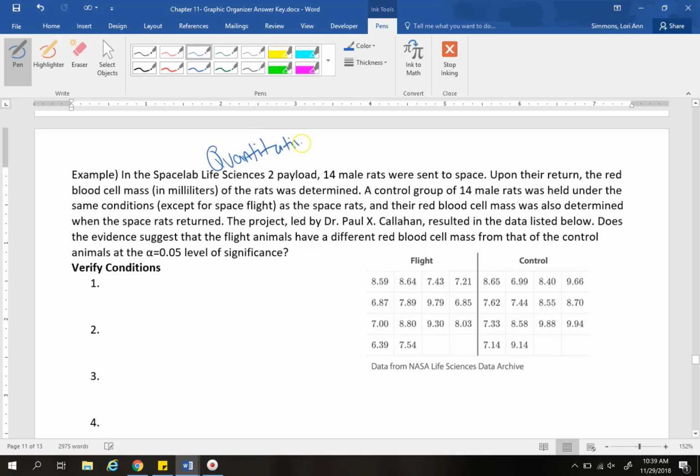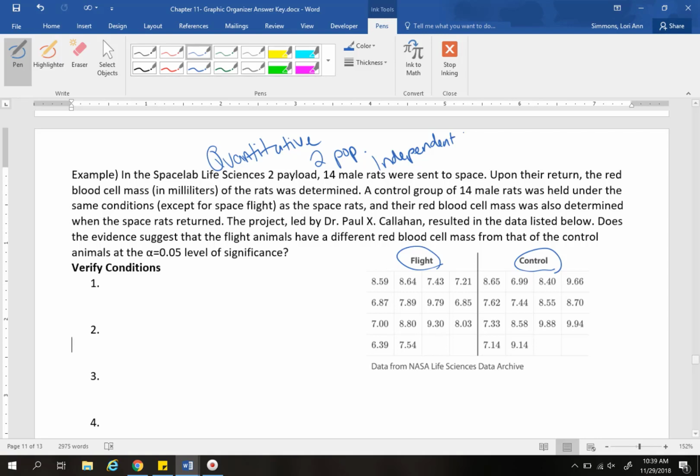Do we have one population or two populations? Here's one, here's two, so we have 2 populations. And is this data dependent or independent of each other? They are independent.